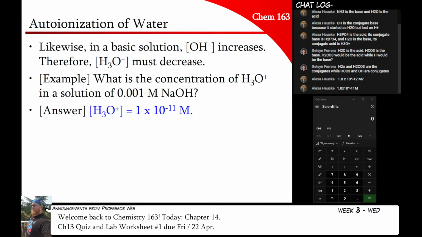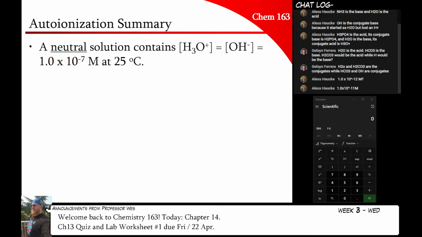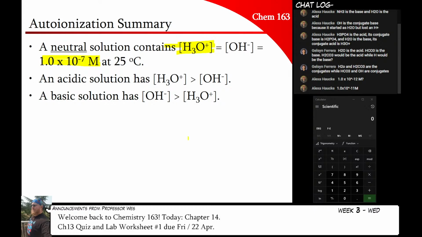All right. So before we go on our break, let's do our summary here. A neutral solution will have this amount of H3O plus in it, 1 times 10 to the minus 7. And so there's my definition right there. An acidic solution will have more hydronium than hydroxide, and a basic solution will have less hydronium than hydroxide.